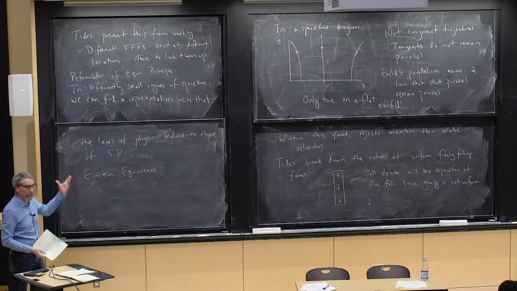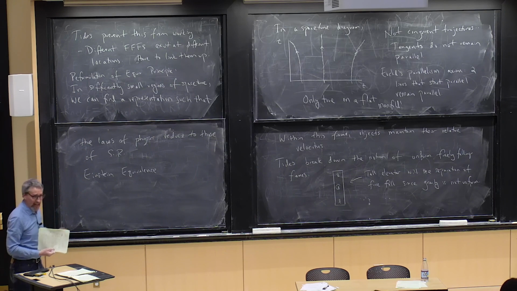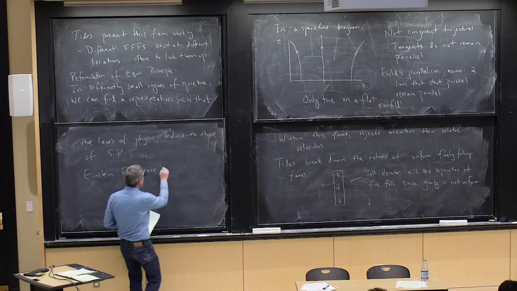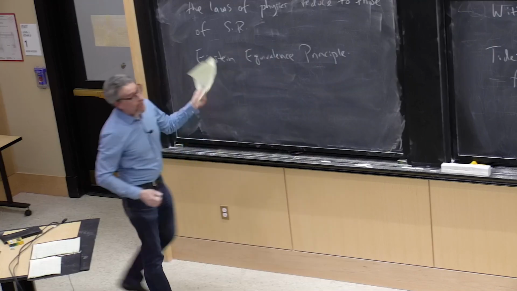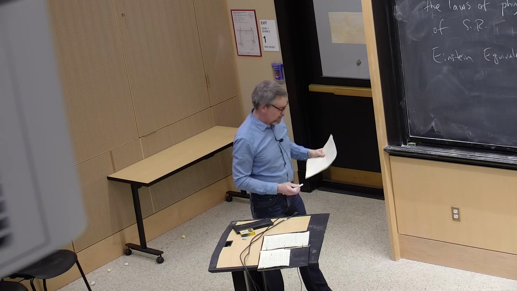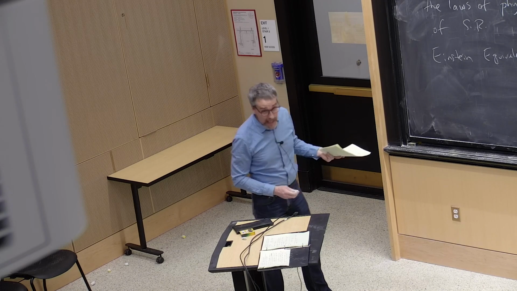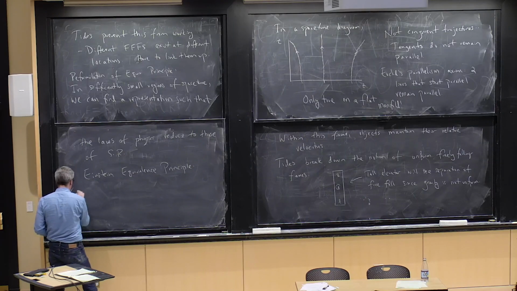This is a very nice one because it really is the principle by which Einstein guided us to rewriting the laws of physics. So we've got a weak equivalence principle, an Einstein equivalence principle. Just as an aside, there is something called a strong equivalence principle.